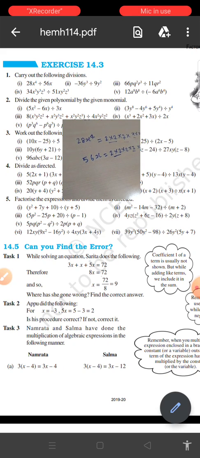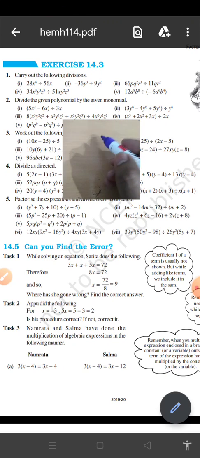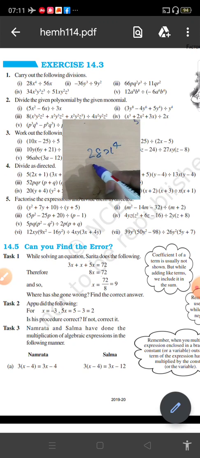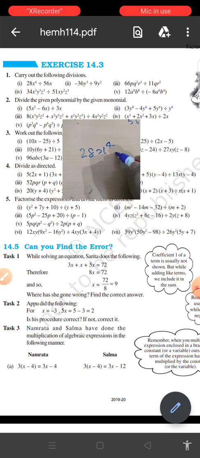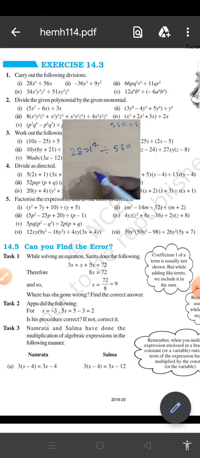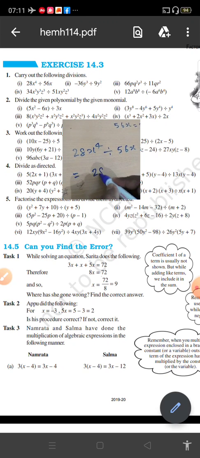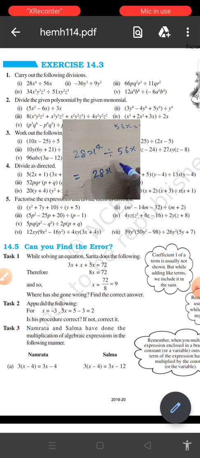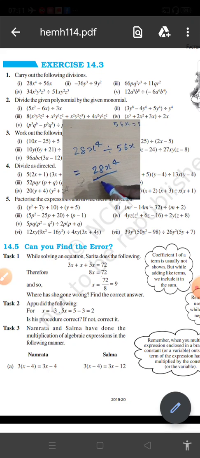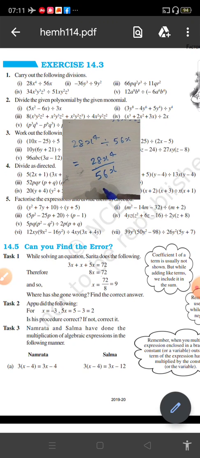Okay, so first you can write 28x power 4 divided by 56x, like this.